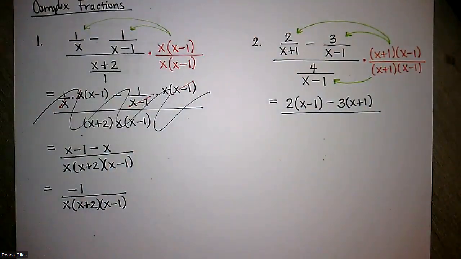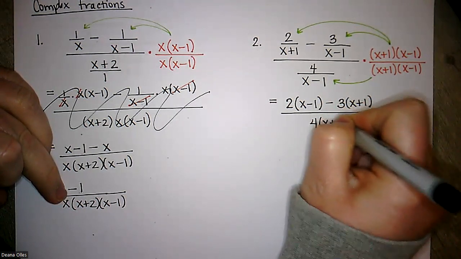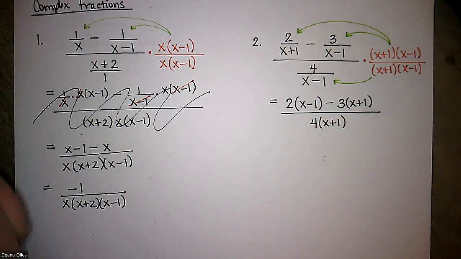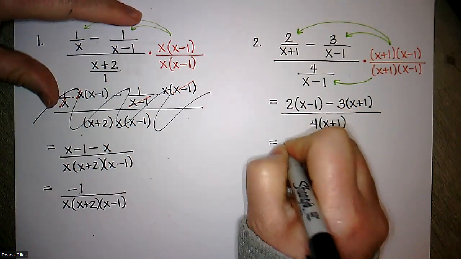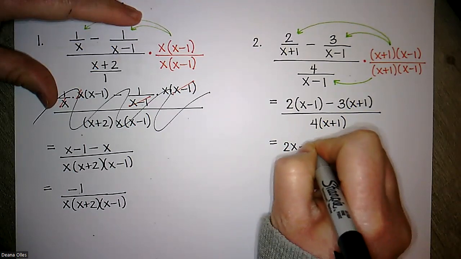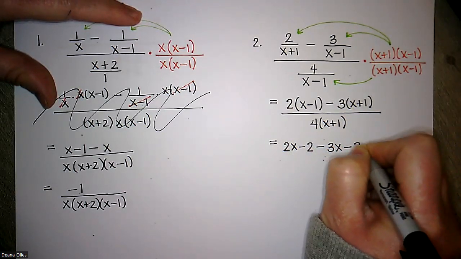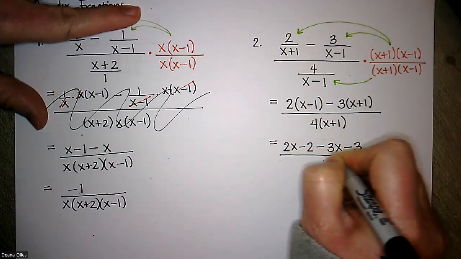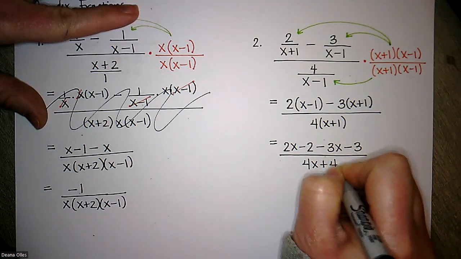So we're left with just 4 times x plus 1. Okay, so now I'm just going to do some distribution and clean things up. 2x minus 2 minus 3x minus 3, all divided by 4x plus 4.